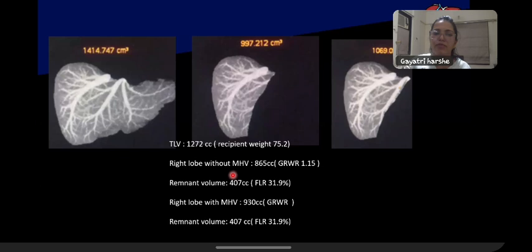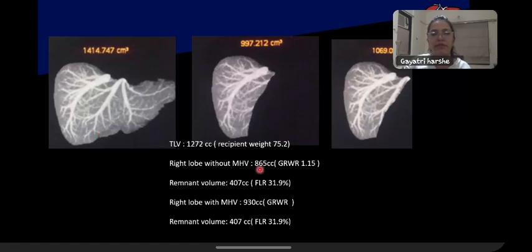Then the right lobe without MHV. So this is the cut margin, and this is taken from the GB fossa. First we mark the GB fossa and then go along the middle hepatic vein, and that gives you the right lobe without MHV.